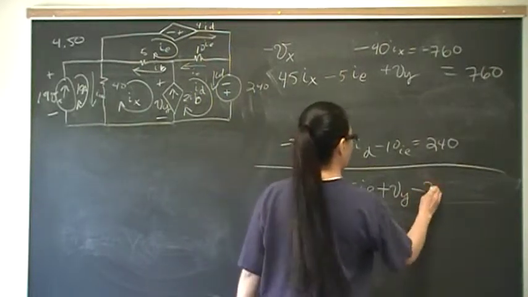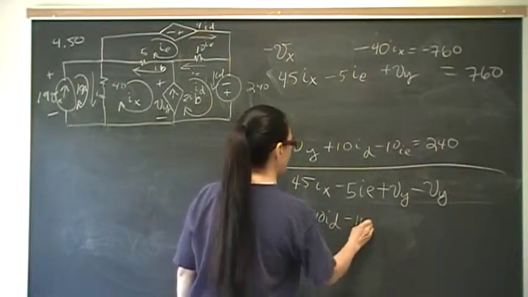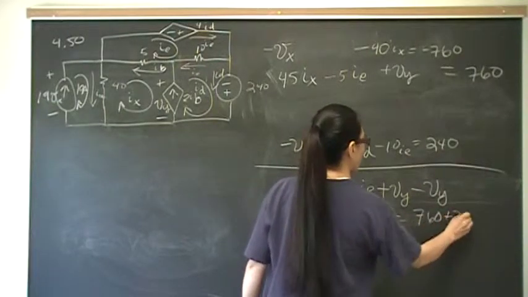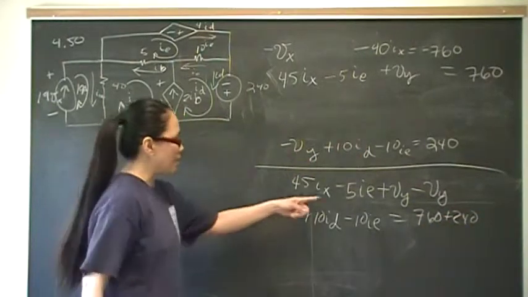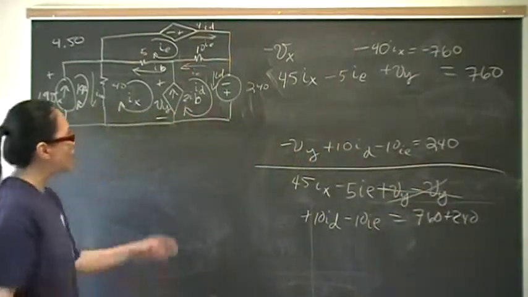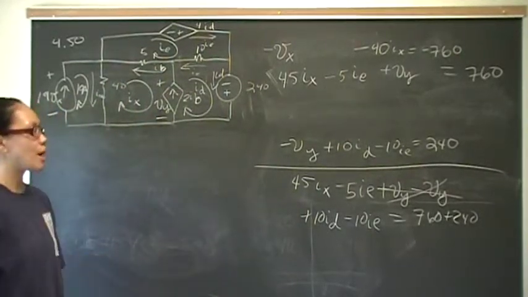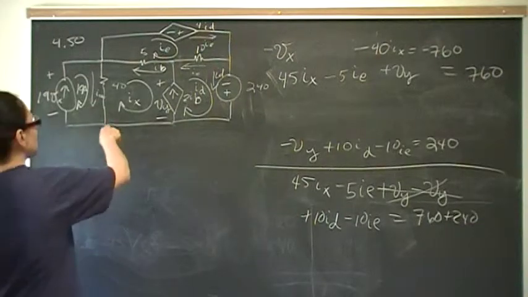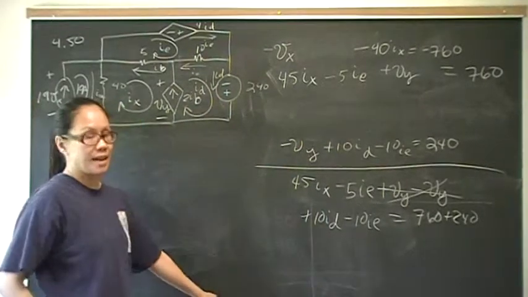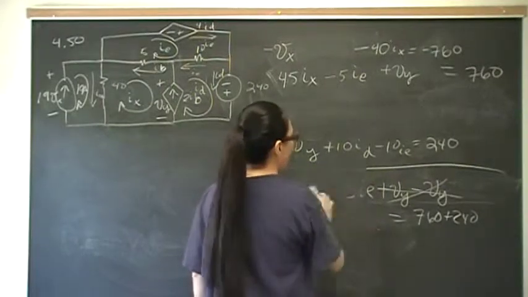So we got minus Vy plus 10ID minus 10IE is equal to 760 plus 240. So what happens then is you have a minus Vy plus Vy. So it ends up that when you have a current source that borders two essential meshes, the voltage drops cancel each other out. And that's why a super mesh allows you to just go around and ignore that voltage drop, because you'll always end up canceling each other out when you do the two meshes. So that's why it works.